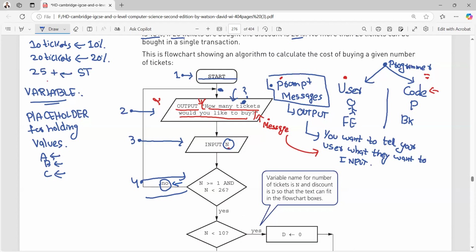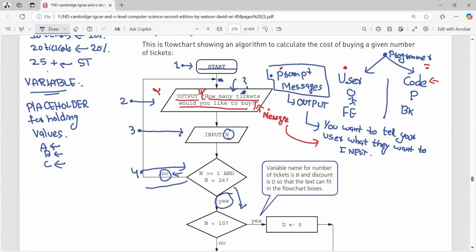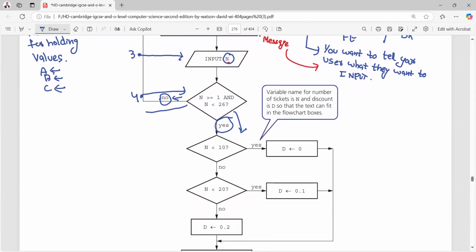You need to enter the value again. This generates an error. But if your value is accepted, if your value is 1, 2, 3, 4, 5, 6 till 24, 25, then it will take you to this part. I told you in decision making, you have two parts. One is no, one is yes. Understand? Yes.